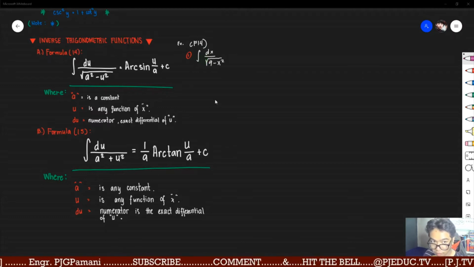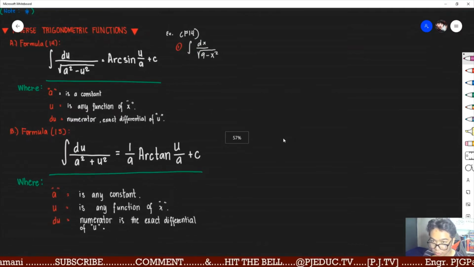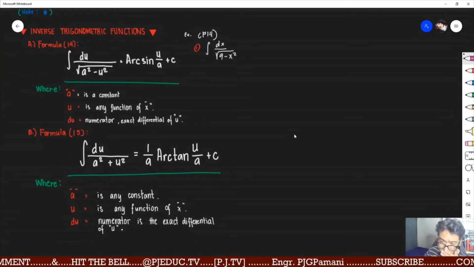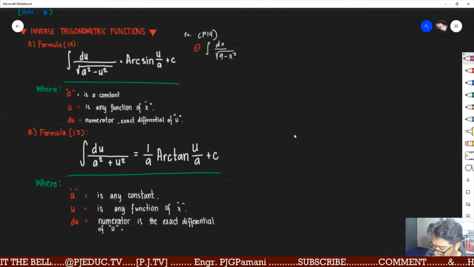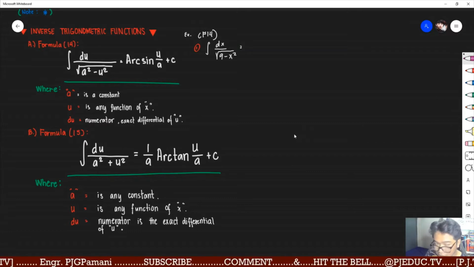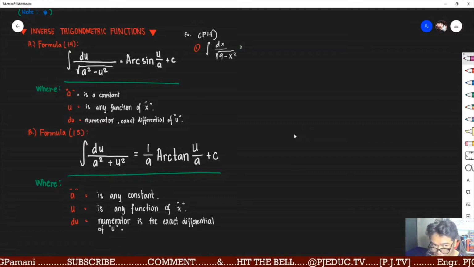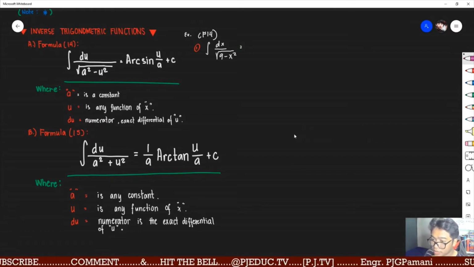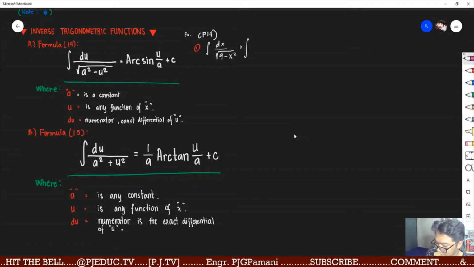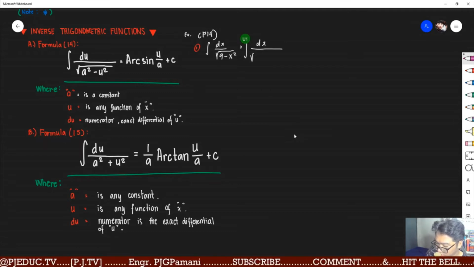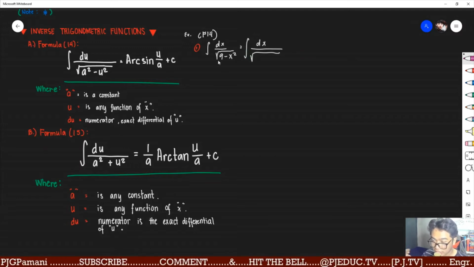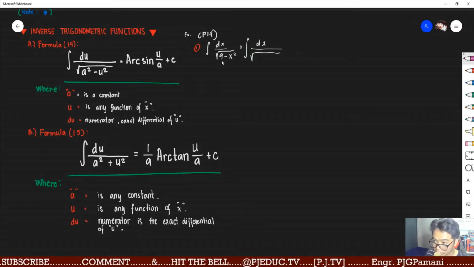Notice again, from this given problem, mapapansin mo na kung anong formula ang pwede nating gamitin. Pero hinay-hinay lang. Tignan muna natin kung anong term yung mga kailangan natin. This particular indefinite integral dx over the square root of 9 minus x squared can also be expressed, therefore, as dx over the square root of the product that if you multiply it by the same value is simply equal to 9.